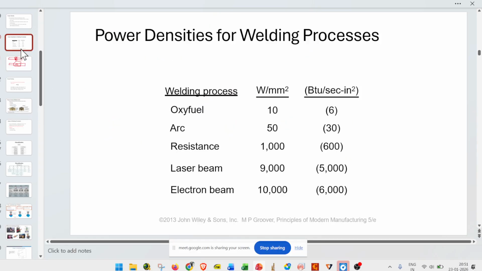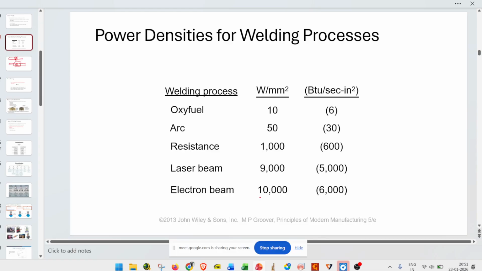The conclusion of this slide is that higher power density is preferable for any welding process, because the heat affected zone will be less and will not change the metallurgical properties of the parent material.